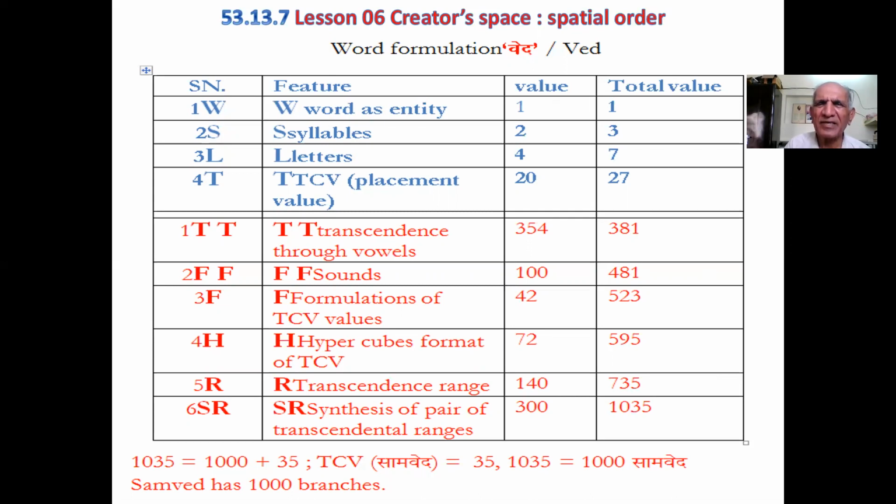Now a step ahead, let us visit the formulation Ved. The formulation Ved, as is tabulated and depicted on the computer screen, is of TC value 20, and the 10 folds of TC value of this formulation are of summation value 1035.